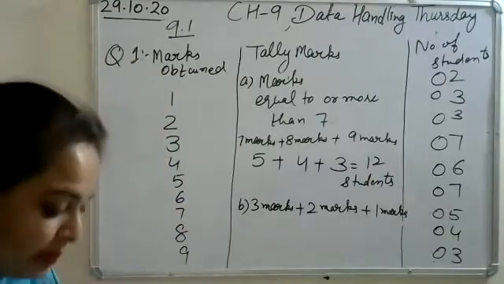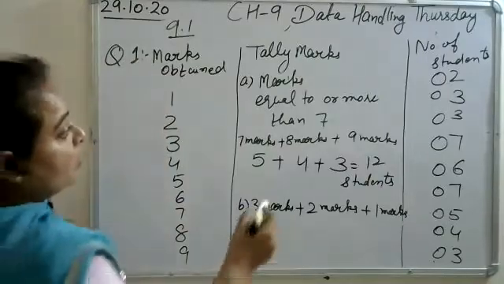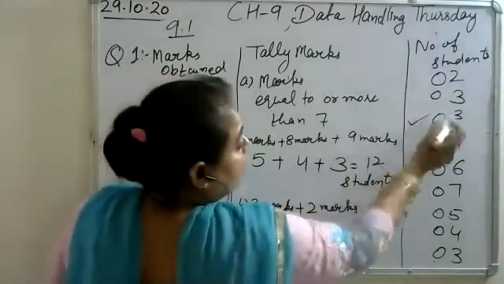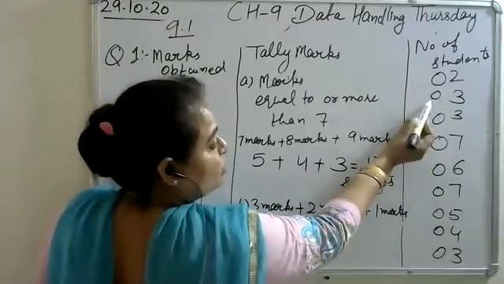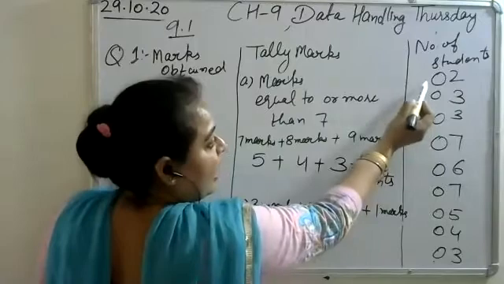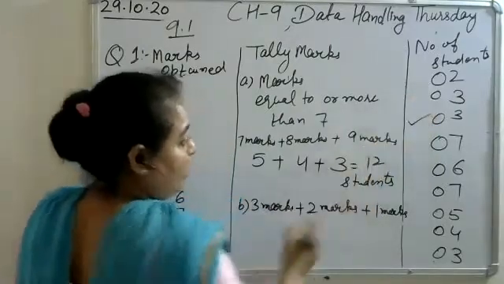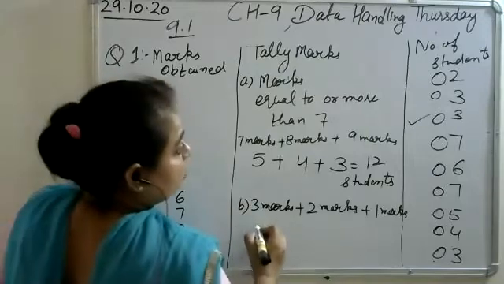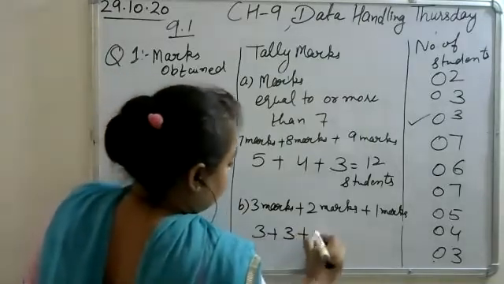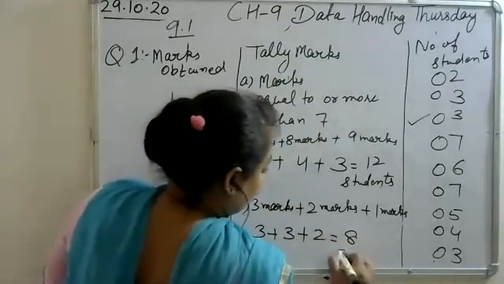Check in the table. 3 students got 3 marks, 3 students got 2 marks, and 2 students got 1 marks. So 3 plus 3 plus 2 is equal to 8 students.